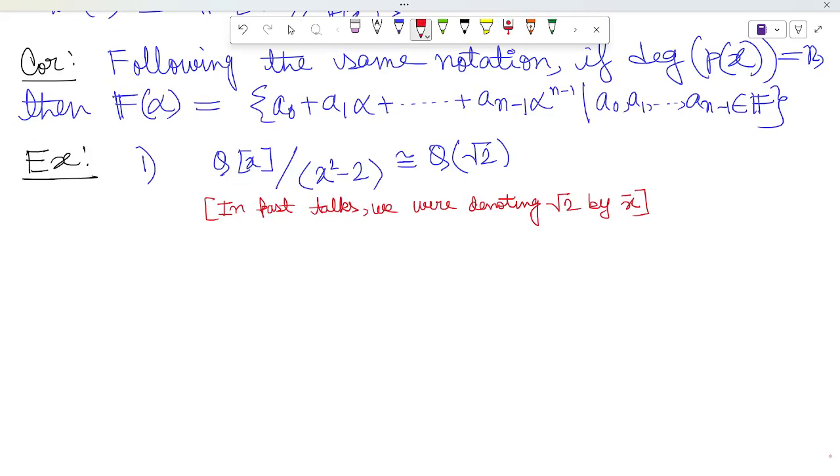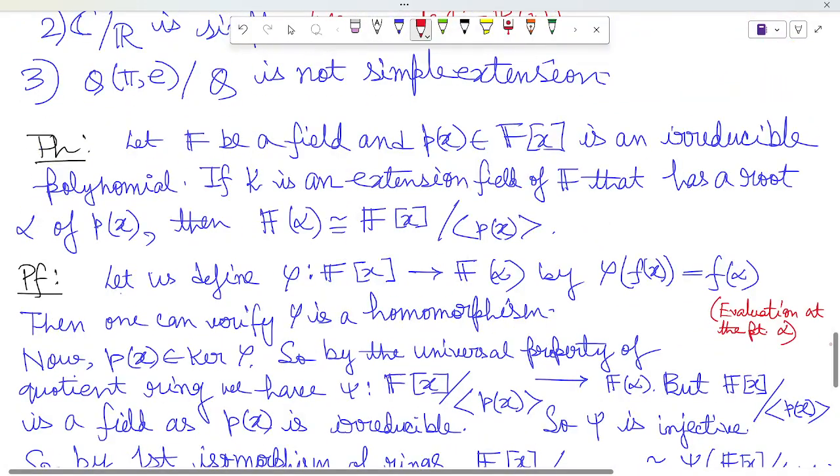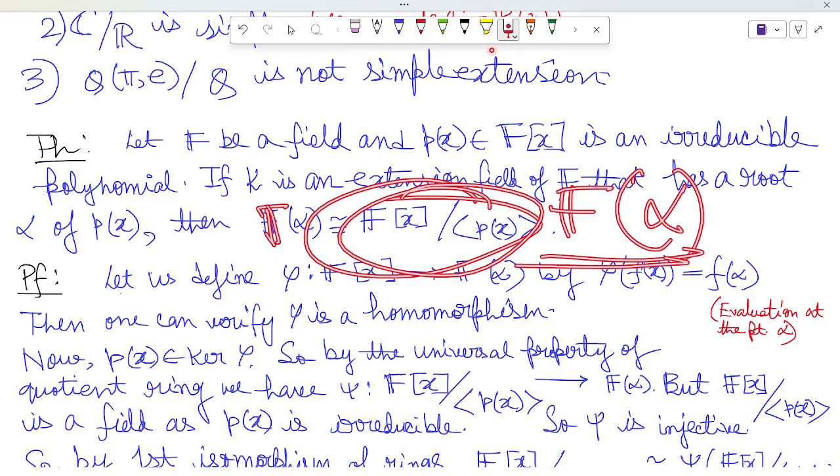We are attaching roots actually. So what is the importance of the lemma? The importance of the lemma is, if you take that thing, it is nothing but attach a root. The thing is this.